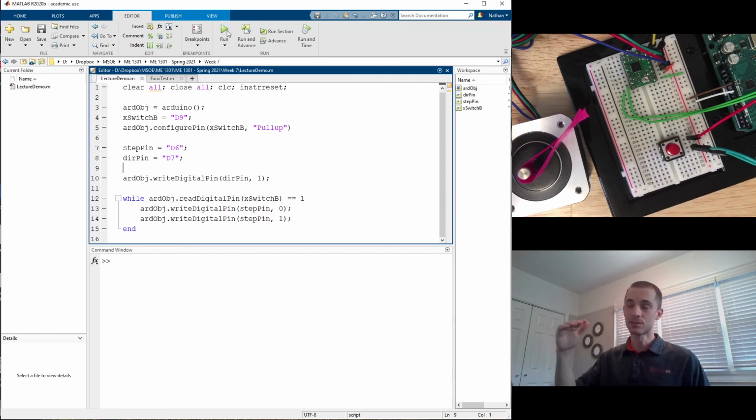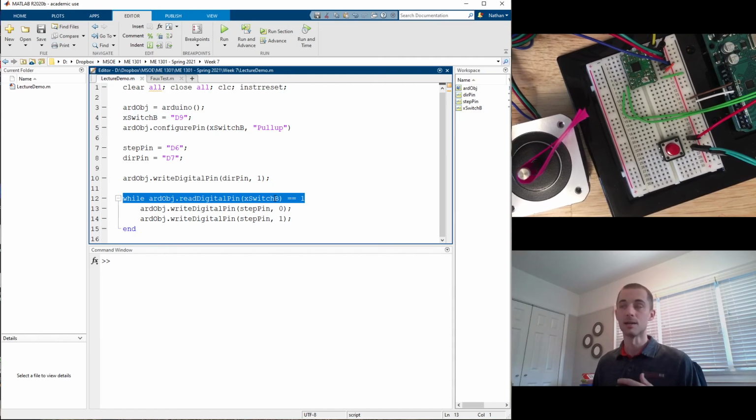So as soon as I pushed that button, it dropped to a value of 0 because the voltage being read by that digital pin will be 0. And so the value coming back to MATLAB will be 0. And so this case would end up 0 is not equal to 1, so it would be false. And so it would have exited the loop and stopped, which is exactly what we saw.